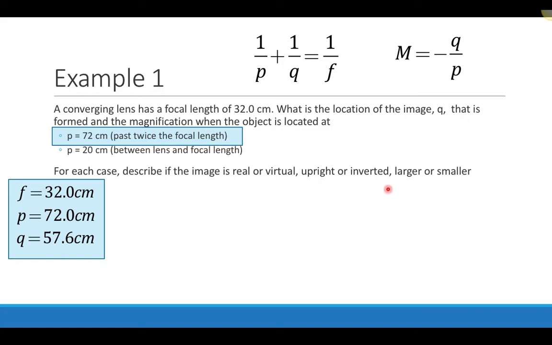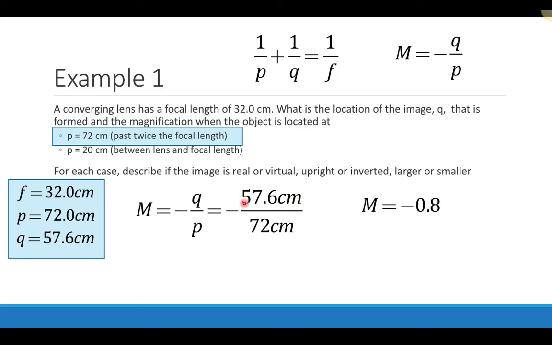I also want to determine whether the image is real or virtual, upright or inverted, larger or smaller, and basically find the magnification. The magnification is minus the image distance over the object distance. I found my image distance to be 57.6, and my object distance is 72. There's an overall minus sign in front of this.